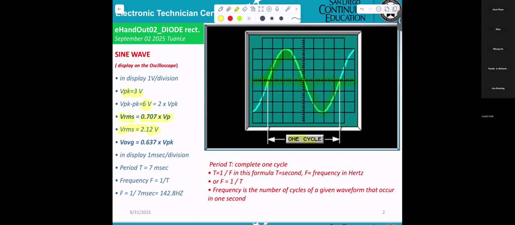The period, 1 millisecond. That means from here to here, 1 millisecond. And frequency is 1 over T. F equals 1 over millisecond. That's how you get frequency.